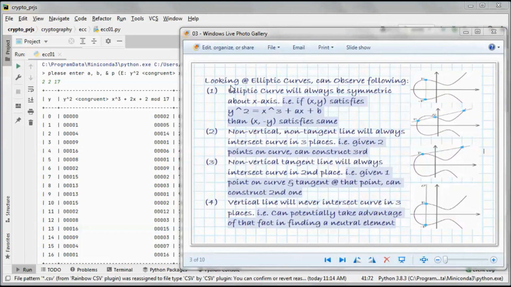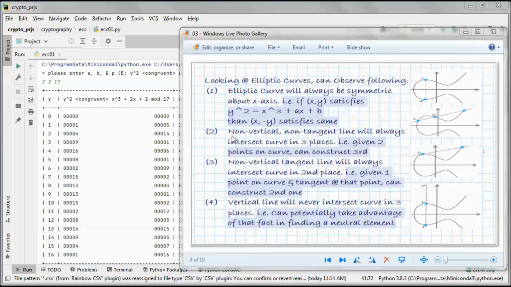Now looking at elliptic curves, we can make the following observations: that an elliptic curve will always be symmetric about the x-axis. So if x and y, the coordinates of P here, satisfy y squared is equal to x cubed plus ax plus b, then the coordinates of minus P, which are x and minus y, satisfy the same equation.